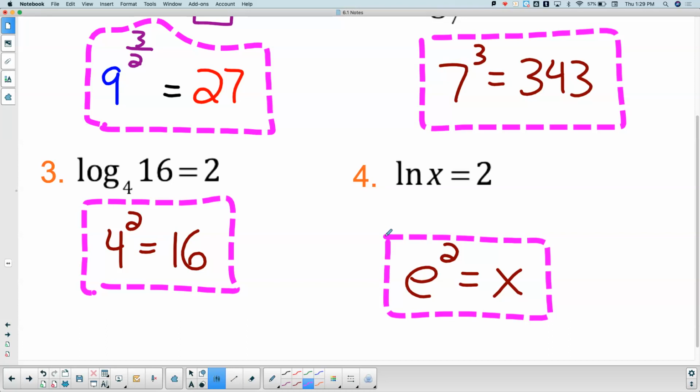And natural log is log base E. So we could also rewrite this as log base e of x equals 2. But we don't ever write it that way. But we think it. So sometimes when we think it, we got to put it down on paper too. It's like writing a paper.